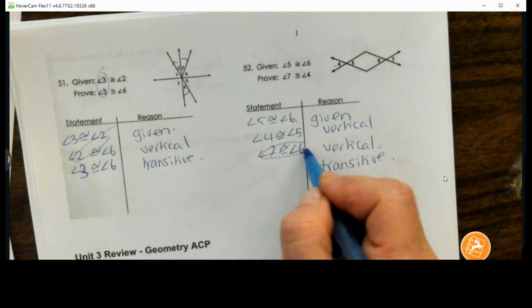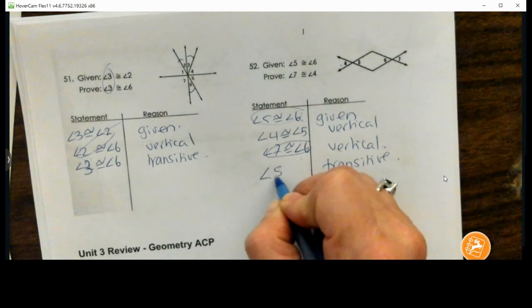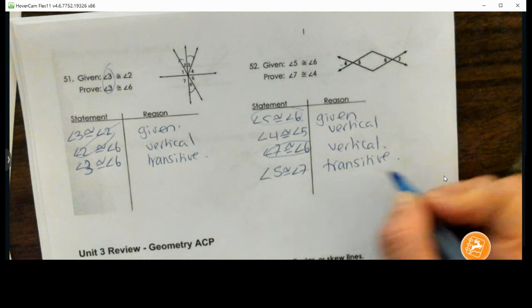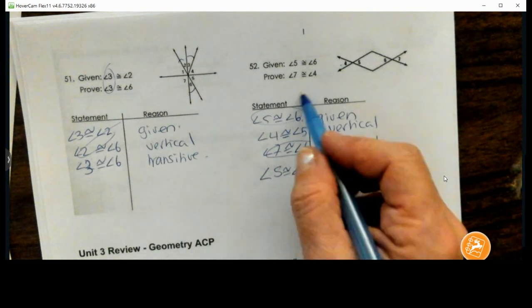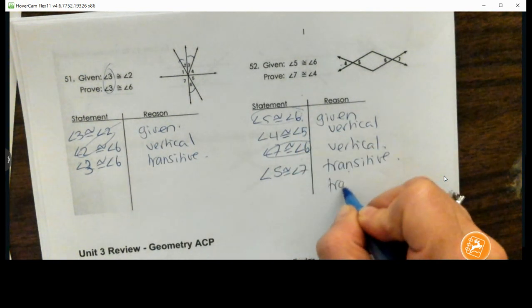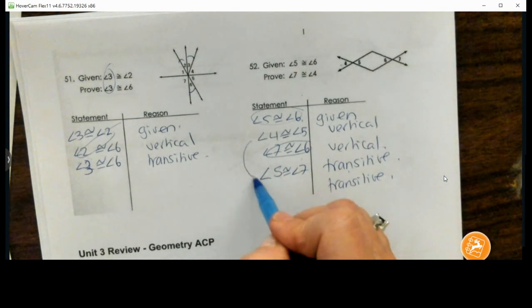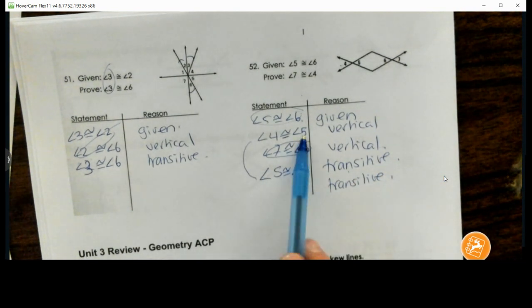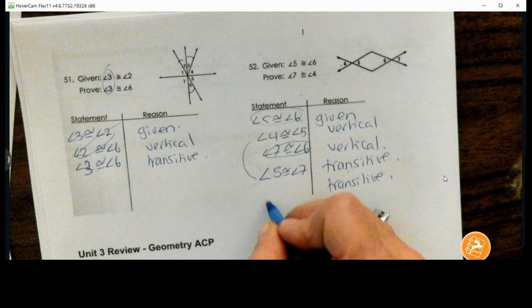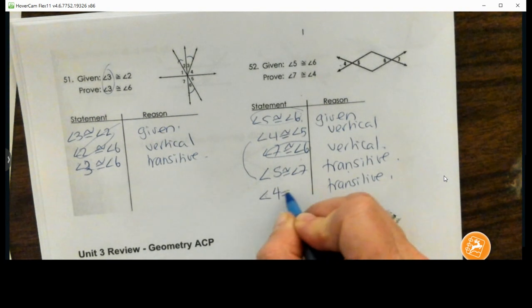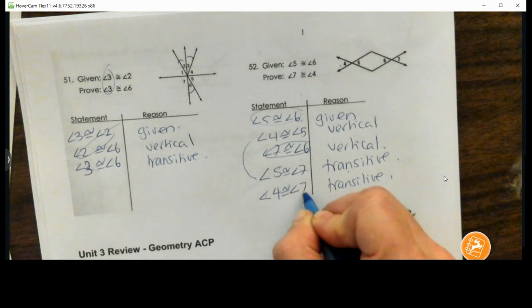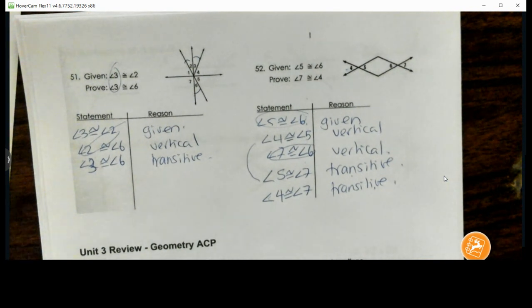This and this equal the same thing, angle 6, so angle 5 is congruent to angle 7. That's transitive. We want to get down to 4, so I have one last transitive. I have 5 is congruent to 4, so now angle 4 is congruent to angle 7, because it's transitive. So that concludes Unit 2.